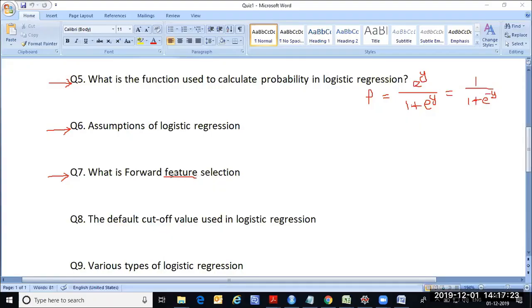So when do we go for forward feature selection? First of all, what technique is this? This is part of feature engineering. If you have been given a huge set of high-dimensional data, you cannot go ahead considering all those variables for model building.